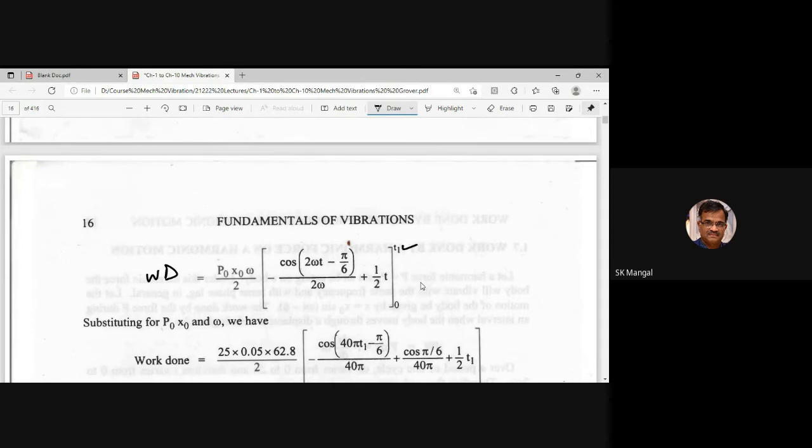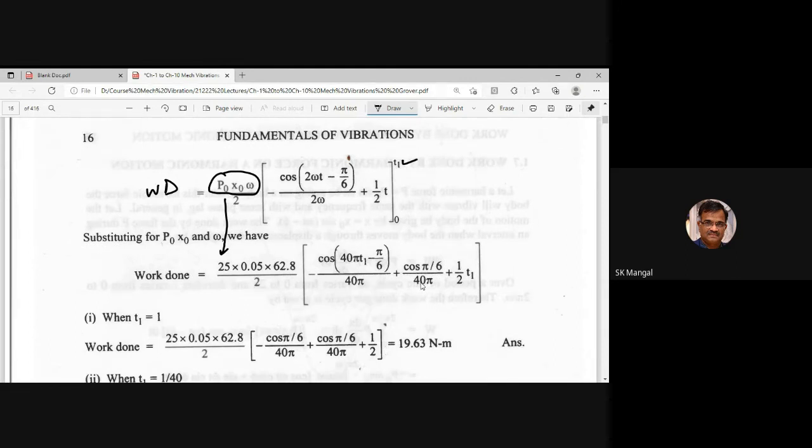You can put in the values of all these parameters, and then put the value of t1 and 0 as the limits here, and then you will get this whole thing to come out to be 39.25, and this will come out to be 6.9 into 10 raised to power minus 3.